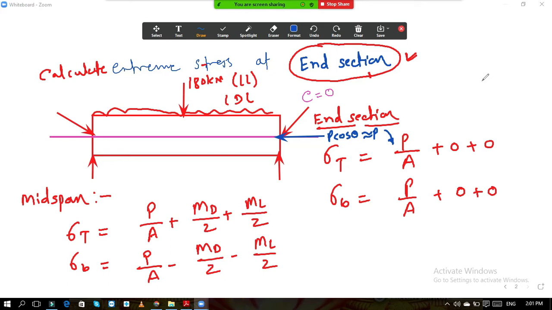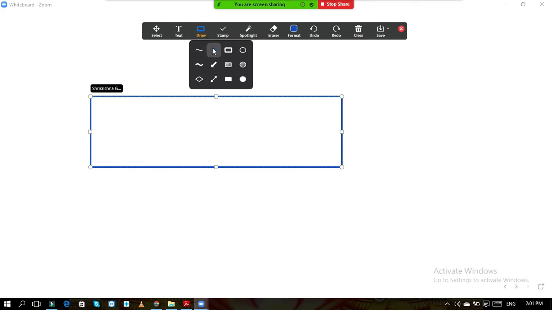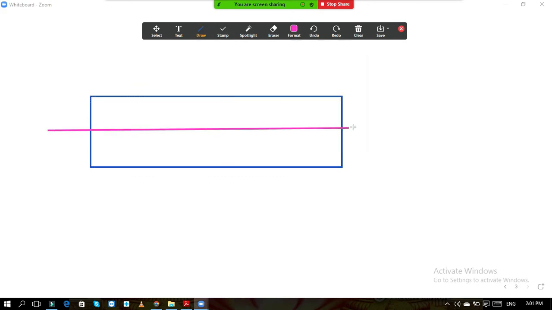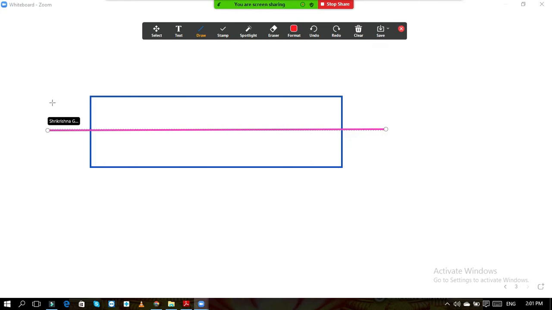So I will show you one case. Okay. See now, the problem is over. I am telling you the concept. See now, this beam is there. Suppose this is the neutral axis. Okay, and now see how the tendon is placed. The tendon is placed like this.